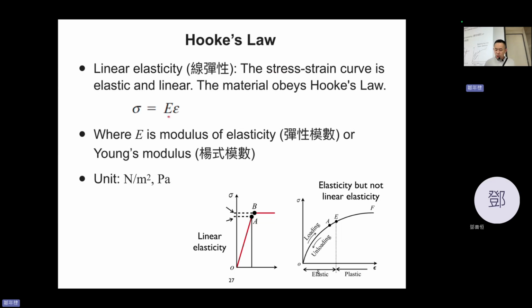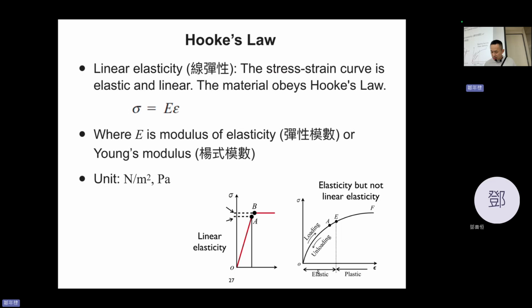E is Young's modulus. The Young's modulus connects sigma and epsilon, okay? You can see that epsilon has no unit, so E must have the same unit as sigma, right? So E must have the unit of Pascal or Newton per meter squared. All right, so the slope of this linear elastic region is Young's modulus.